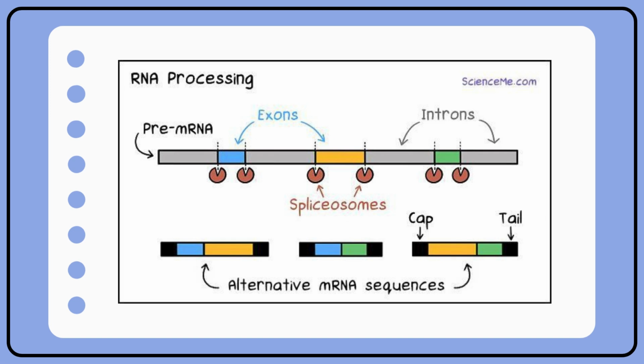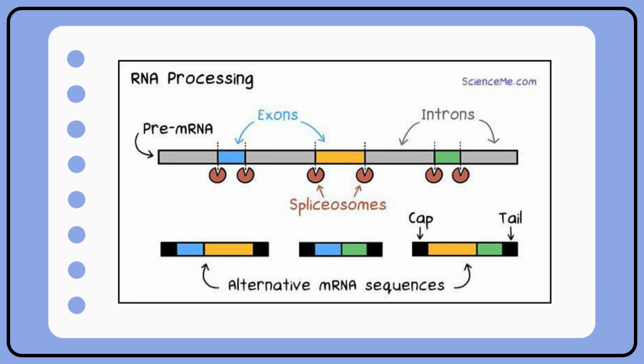So, the main process involved here is alternative splicing. When a cell copies a gene, it first creates a long and raw RNA transcript. This transcript contains all the protein coding sections, which are called exons.